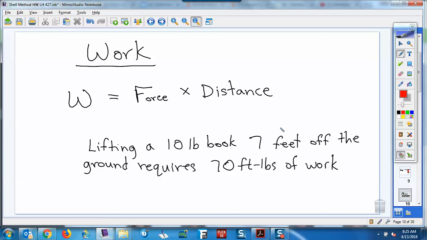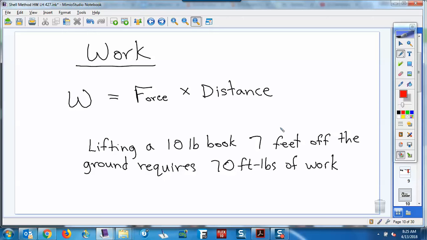So the idea being that if I took this thing, and I lifted it, and I stood here and I held this, I'm not doing any work, by the physics definition, right? Now it's taking something to stand here and hold this up.